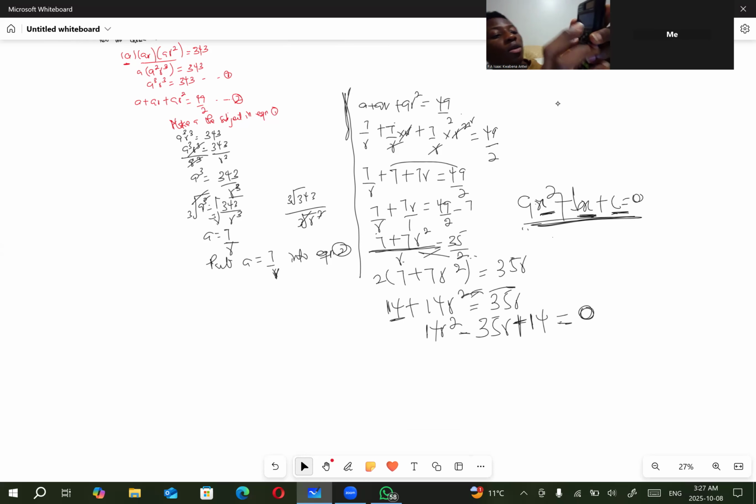Mode 5 3. Now it will ask you A, put 14. A is the coefficient of R squared. So press 14 and press equal to. Then the next one is minus 35, that's the coefficient of R, equal to, then the next one is 14 equal to. It will give you all the answers.